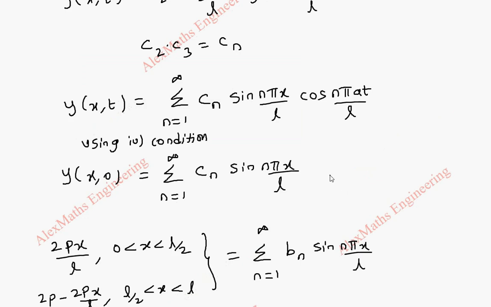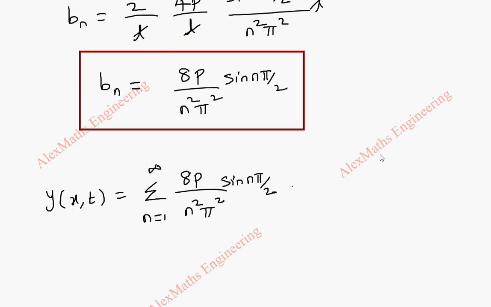That is, we have to substitute here. This is our Bn, sine n pi x by L cos n pi at by L. So here it is sine n pi x by L cos n pi at by L.